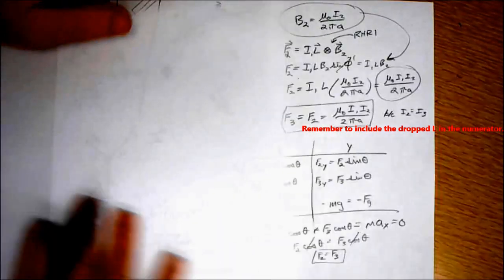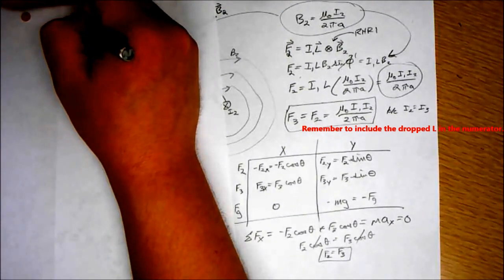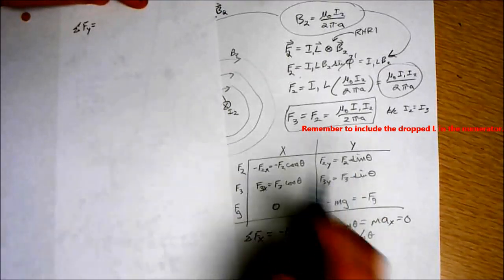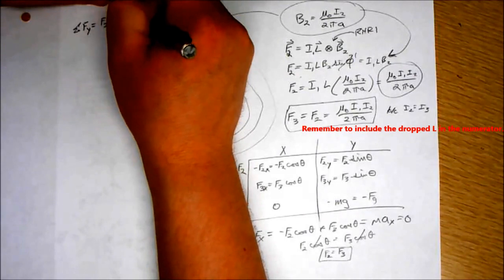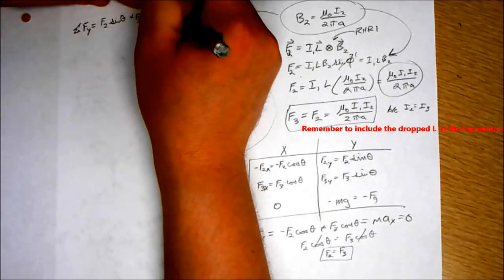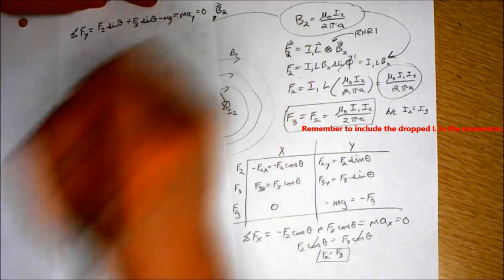So to continue on, the sum of the forces in the y direction is F2 sine of theta plus F3 sine of theta minus mg equals may, and we know it's in equilibrium, nothing's moving, so that equals 0.